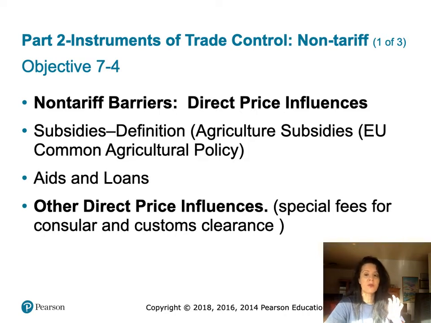We're really specifically talking about loans and aid to other countries. But the country that is receiving the loan should spend the money in the donor country. This concept is generally known as tied aid or tied loans, right? Tied aid or tied loans.